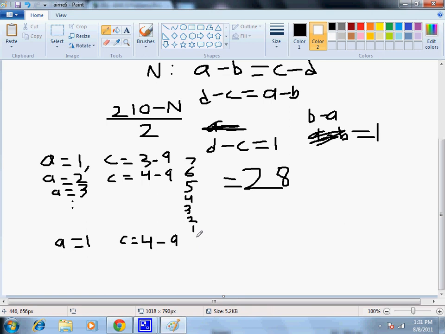It can only go up to 8 because D can only be up to 10, and 10 minus 2 is 8. So this is 5 numbers. Then if A equals 2, C can go from 5 to 8, so that is 4, and then you'll get 3, 2, 1, which adds up to 15.